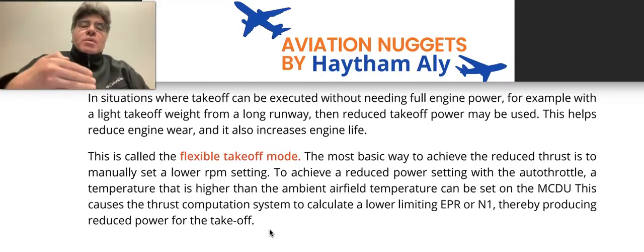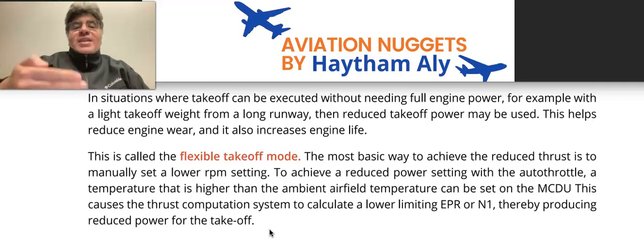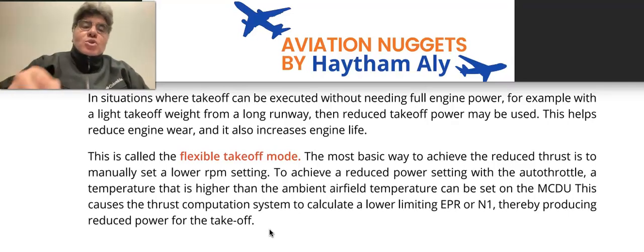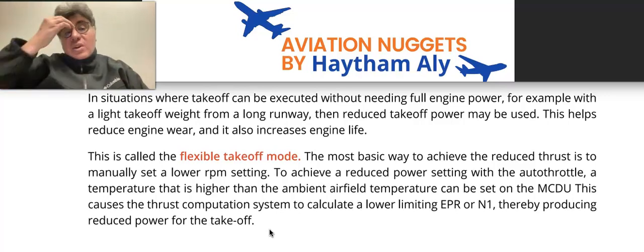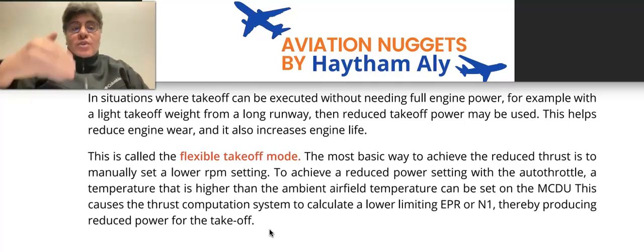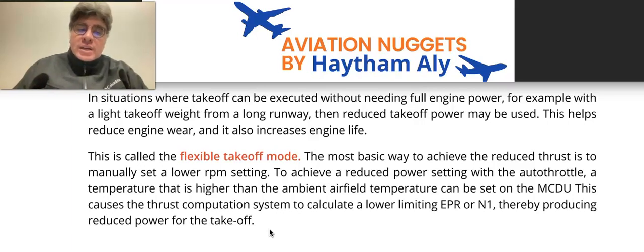So if you perform the takeoff with manual thrust, you put the throttle lever on the MCT or flex takeoff. And if you will engage the auto thrust, you put a temperature higher than the outside air temperature, and you put the lever on the MCT or flex takeoff, to allow the engine not to produce the full engine power.